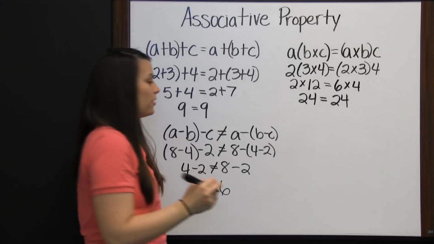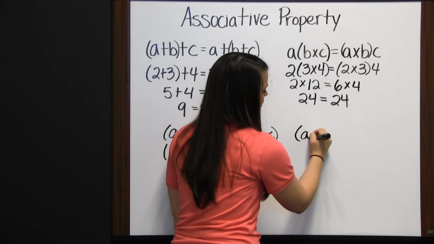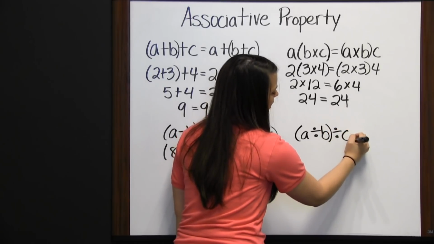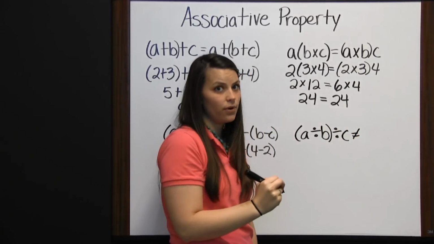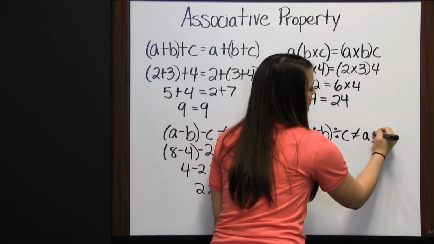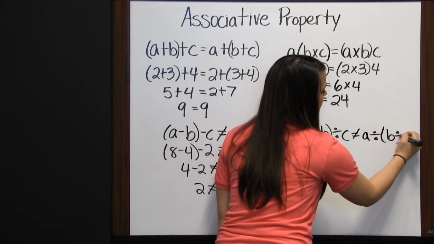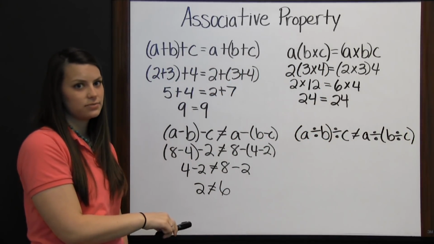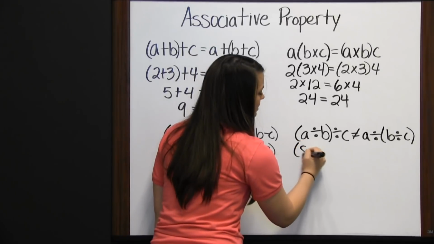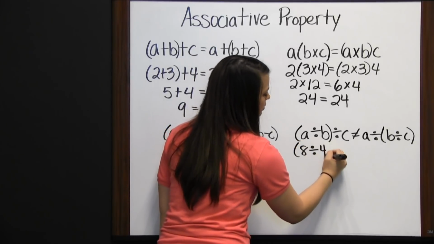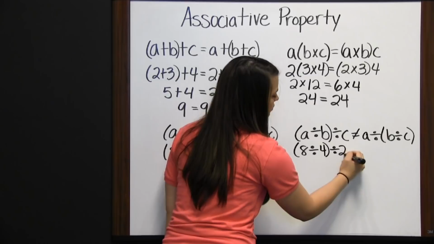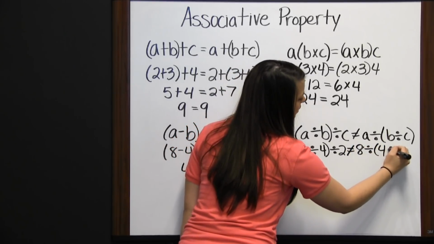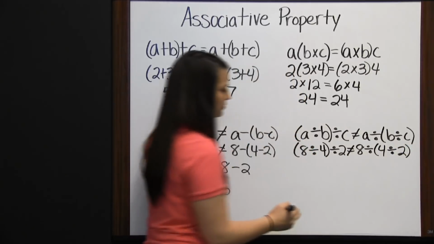Let's use it on division now. With division, it would look like (A ÷ B) ÷ C, which again will not equal A ÷ (B ÷ C). I'm going to use the same numbers we used for subtraction. So (8 ÷ 4) ÷ 2 does not equal 8 ÷ (4 ÷ 2).